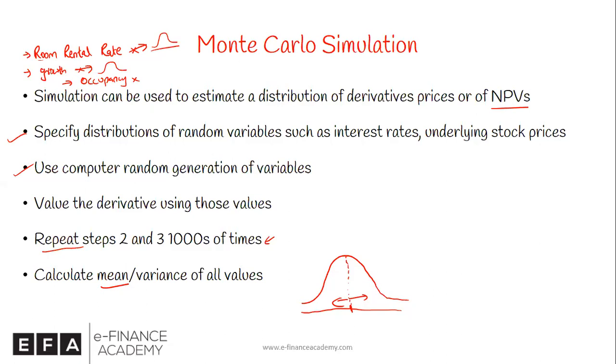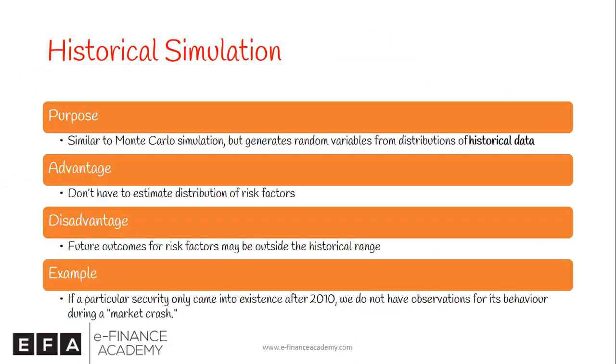Now, one limitation with Monte Carlo simulation is that if you're using random generation of the random variables, if you're using random values, the results or the random values might be very wrong or could be absurd. And for that reason, we have another type of simulation, which is called historical simulation.